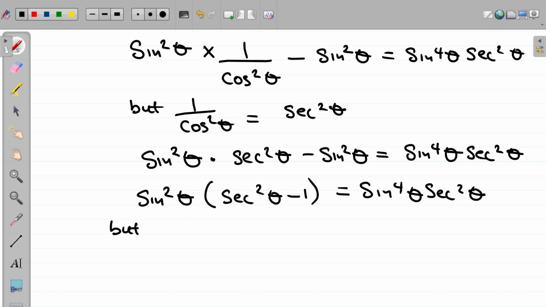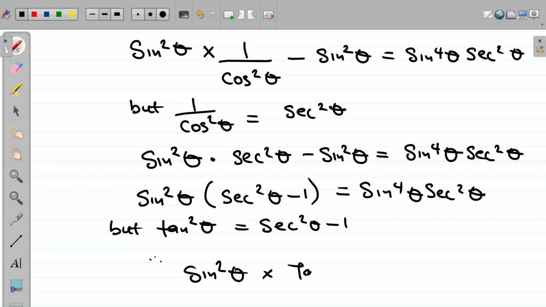But tan square theta is equal to sec square theta minus 1. So therefore our equation becomes sine square theta times tan square theta equal to sine to the power of 4 theta sec squared theta.